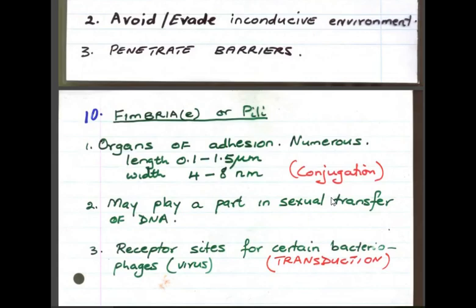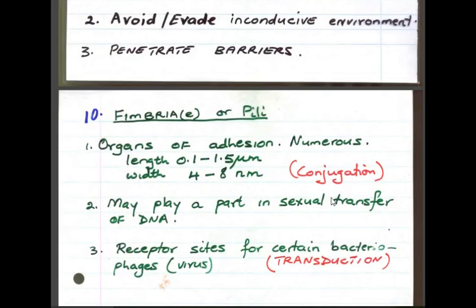And during the same conjugation, you will realize that they're not only holding each other together, they are also using this passage or this communion between them to pass the nucleic acid over.